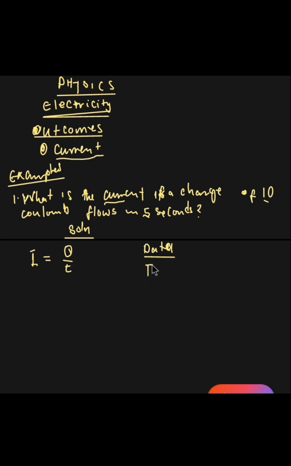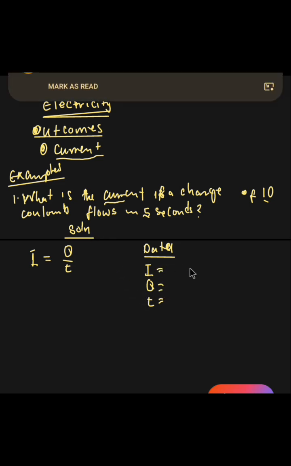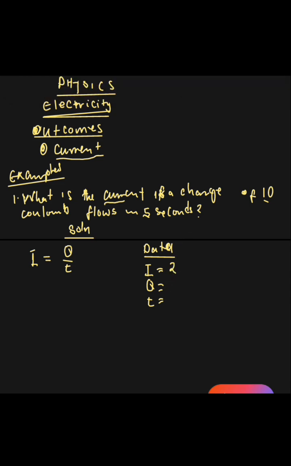So do we have current from the question? Do we have a charge from the question? Do we have the time taken from the question? So now the question wants us to find the current. But are we given the charge?